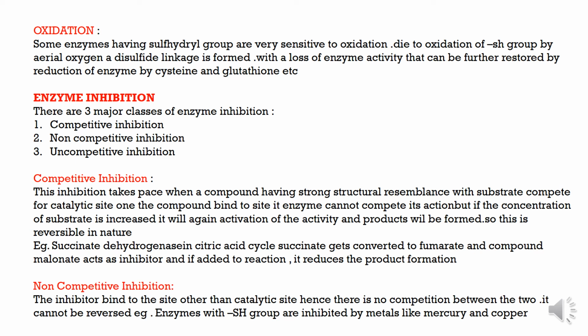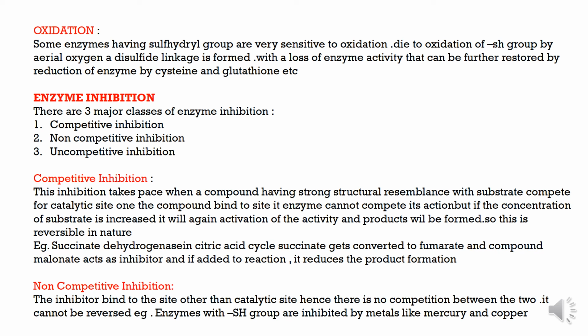Malonate and succinate both have strong structural resemblance. If malonate gets attached to the catalytic site of succinate dehydrogenase earlier, then succinate cannot convert properly into fumarate. So if we add more succinate, the reaction starts again and makes fumarate.